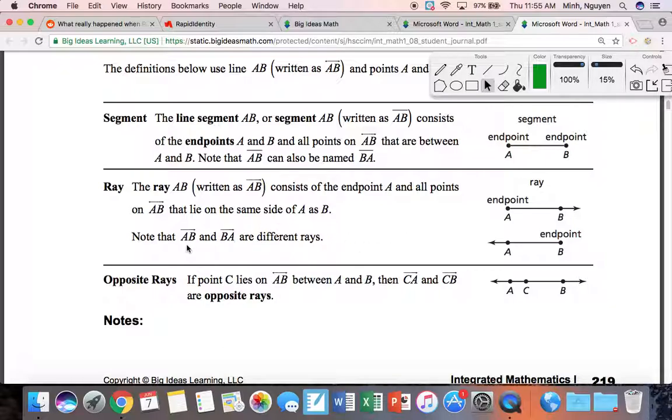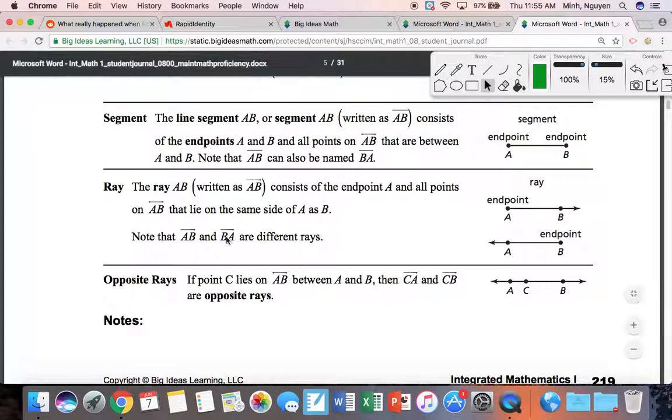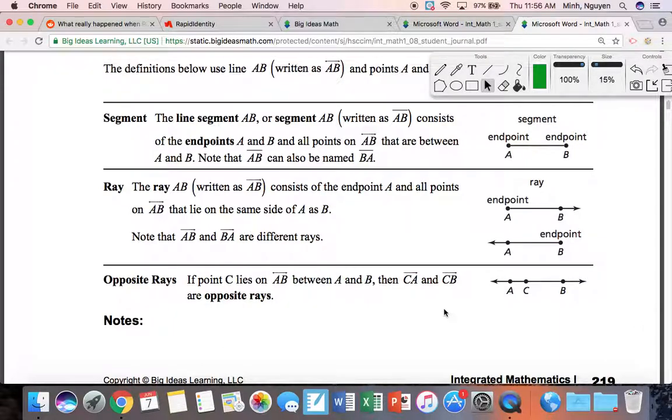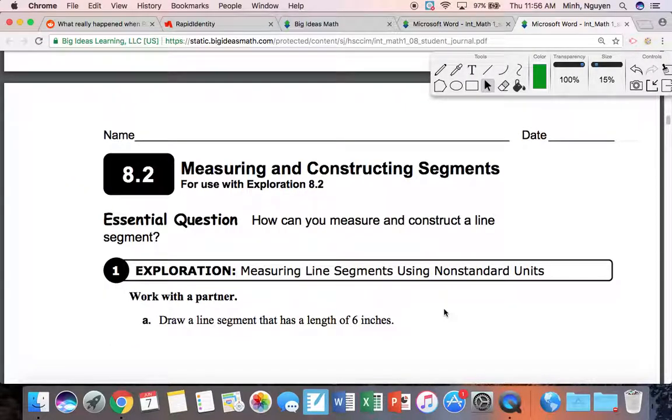So AB means towards B, and BA means towards A. If point C lies on AB, then CA and CB are opposite rays. Basically, one line is made up of 2 rays, one that goes one way, the other that goes the other way. Those are opposite rays. So all lines are made up essentially of opposite rays.